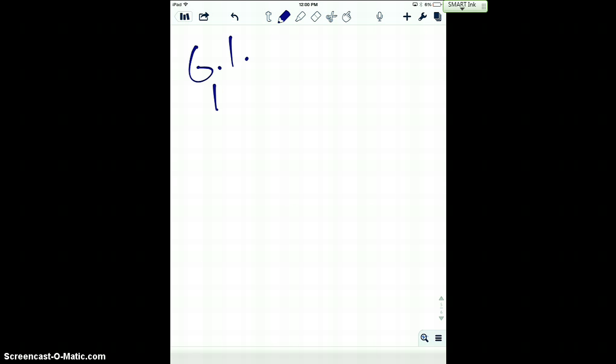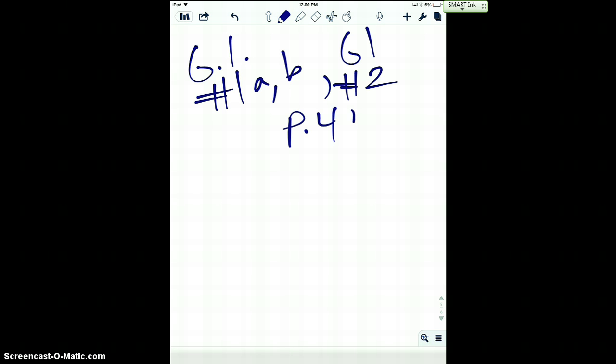Alright, I want you to go ahead and try the Got It problem. Got It problem number 1, A and B. And go ahead after that and try Got It number 2. And this is all on page 492. You know what? I'm going to have you go ahead and do Got It number 3 also. So prepare yourself for all those and then start the video.